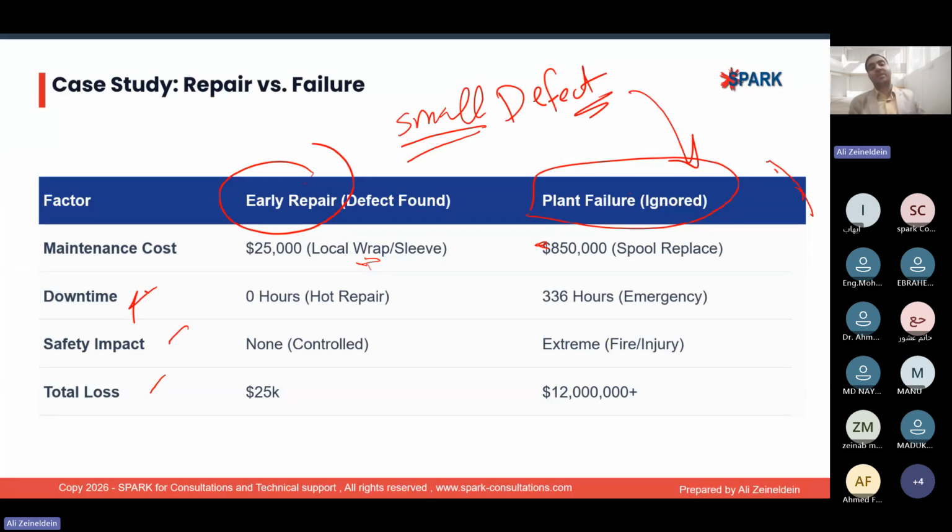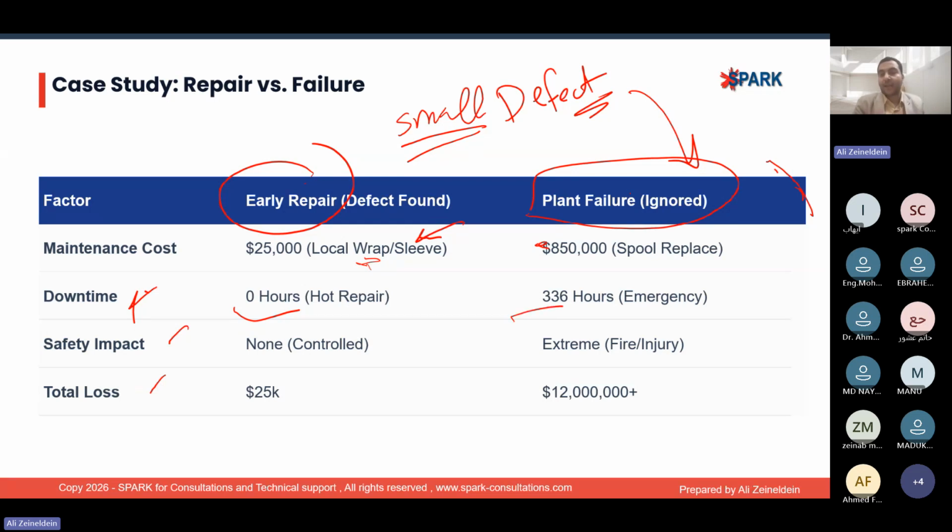This pipeline will be exposed to external corrosion from the soil itself, and may also be affected by vehicle movement, especially heavy vehicles, without a sleeve over the pipeline. Finally, we can see the difference between the early repair or mitigation action, which could be applied to avoid plant failure itself. Firstly, here 0 hours.